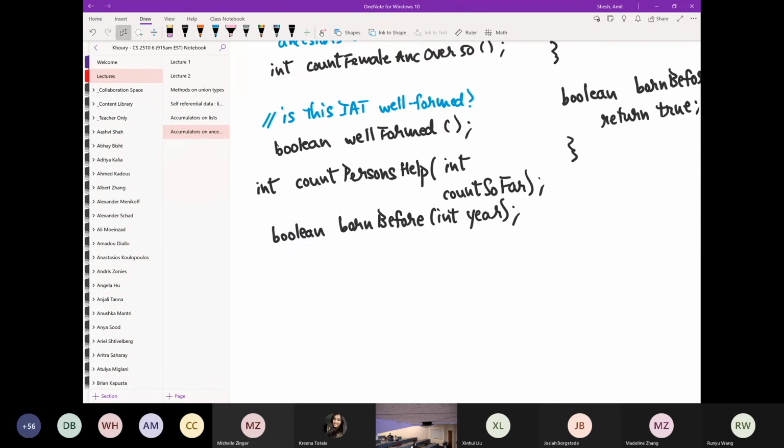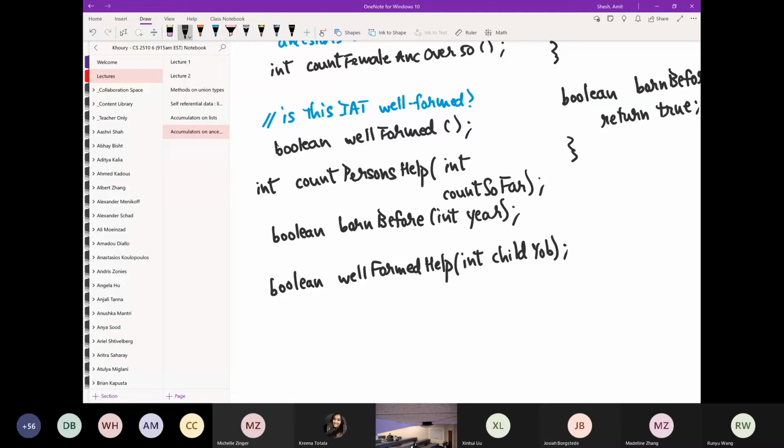Okay? And then I can combine both of them by writing a method like this. Boolean wellFormedHelp. And it's going to take the year of birth of the child. Okay?